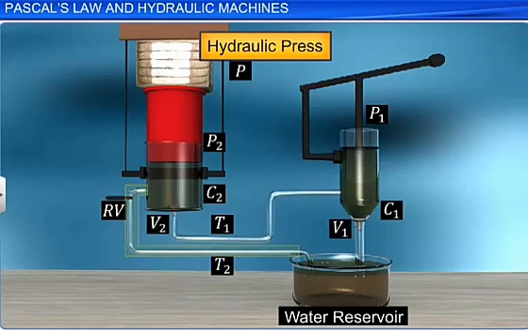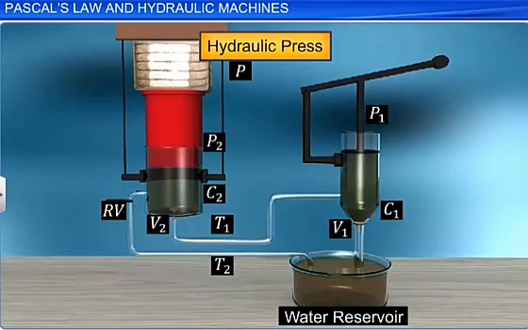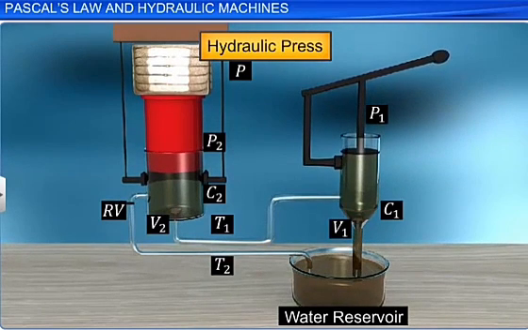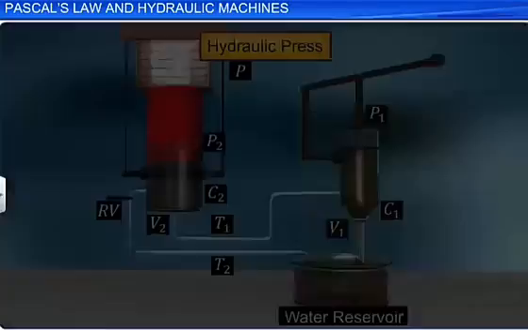Tube T2 connects the cylinder C2 with a water reservoir through a release valve, RV. Piston P2 is a platform at the top of which the substance to be compressed is placed. Piston P1 is raised upwards by the application of force F at the handle edge of the lever.